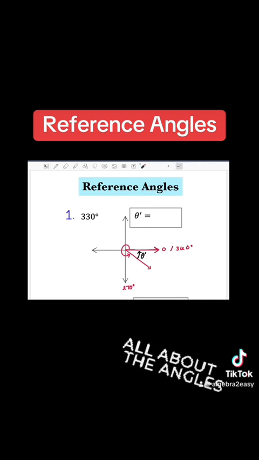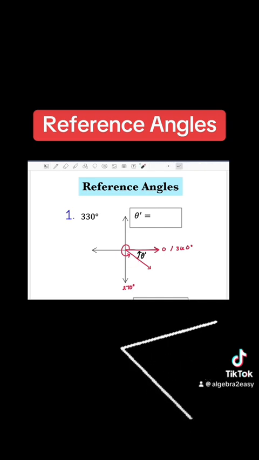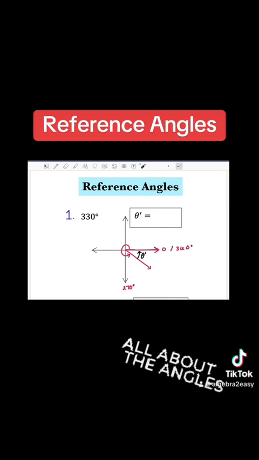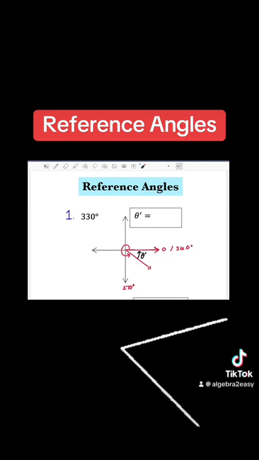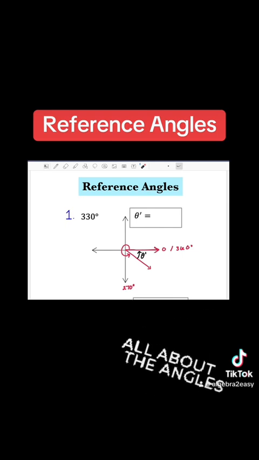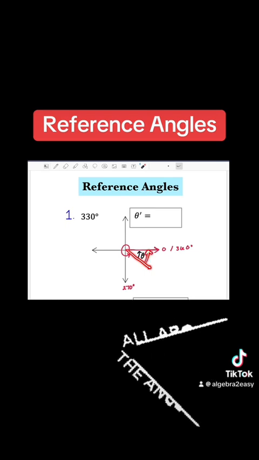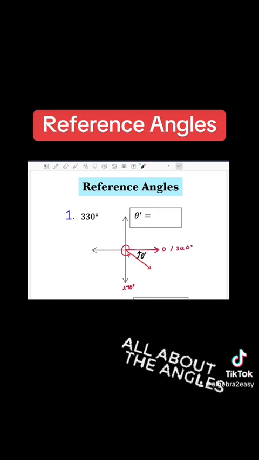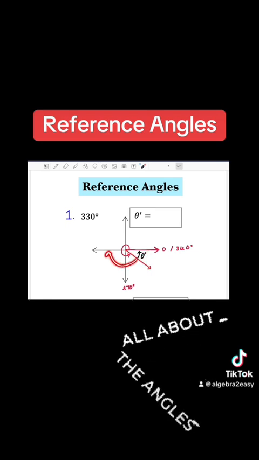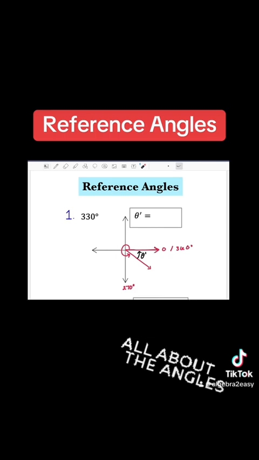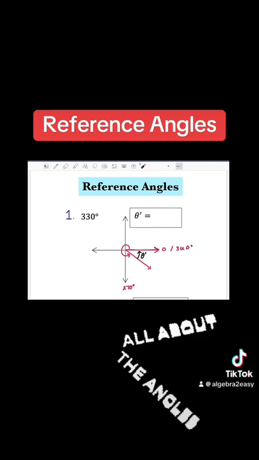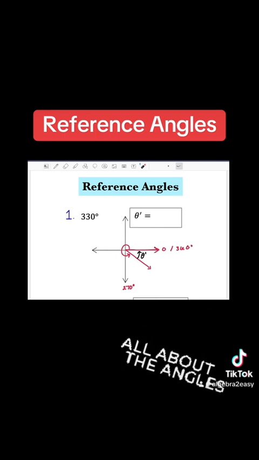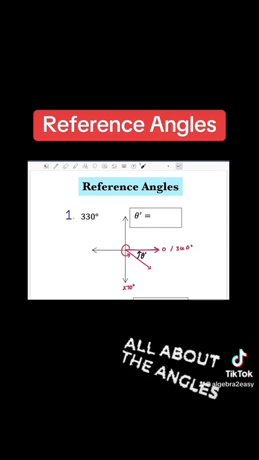Now you might be asking yourself, why not to the y-axis? Well, that's simply just not how you find a reference angle. The reference angle's definition is the angle formed by the terminal side and the x-axis. So you might also be asking yourself, why not go to this side? Remember the first two things we said about reference angles: 1, it's a positive angle, and 2, it's acute, which means it's less than 90.